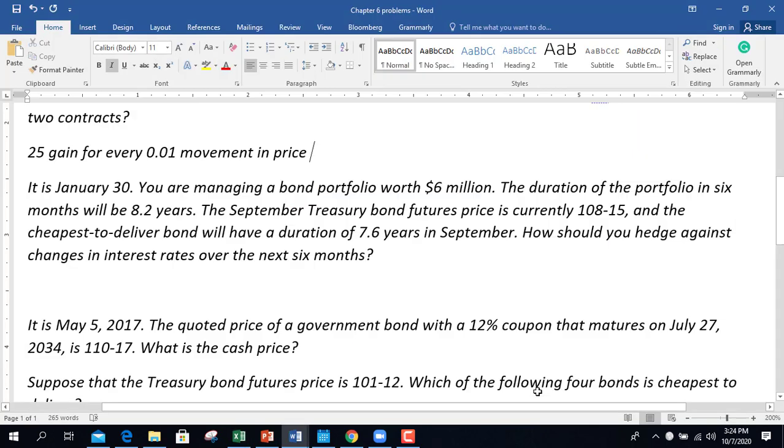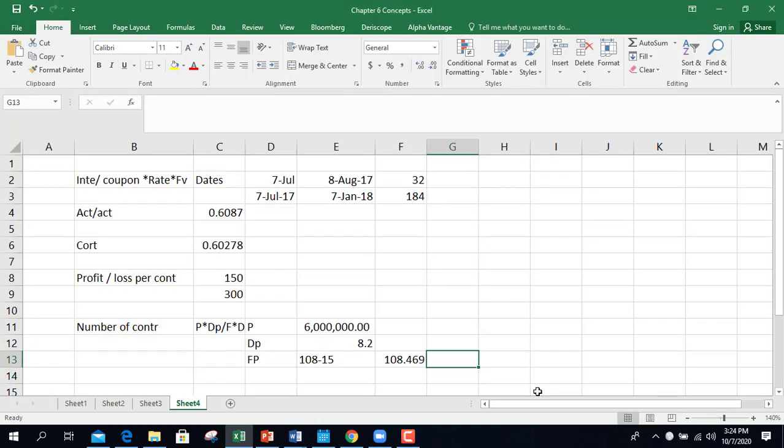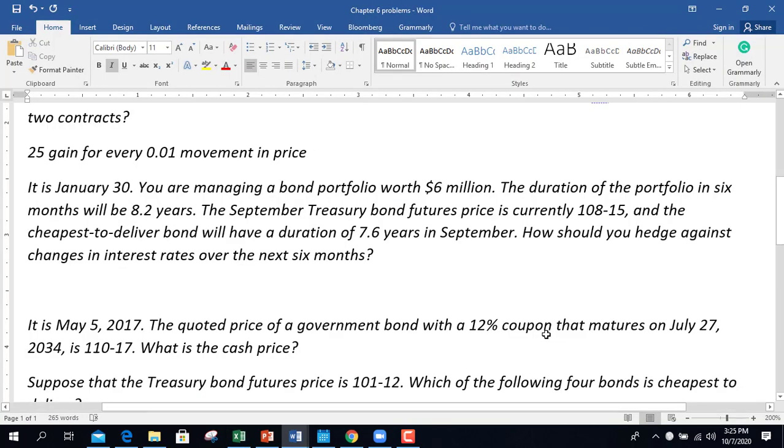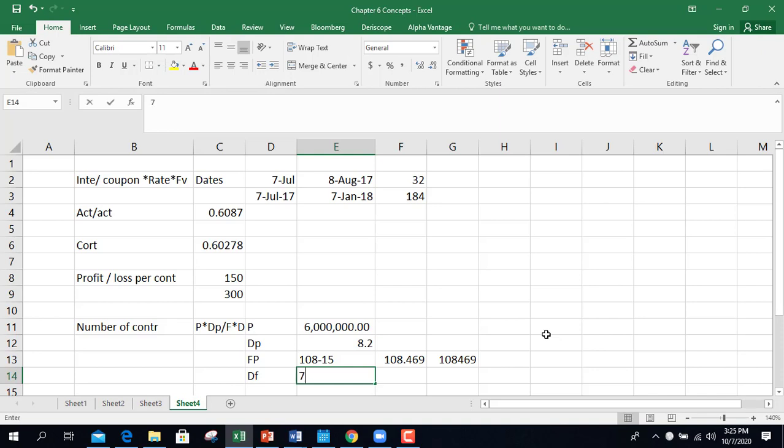And which kind of future is it? It's a treasury bond future. Treasury bond futures generally trade in a contract size of thousands, so this multiplied by 1000 is the future position. Do we know the duration of the future? The duration of the future is given as 7.6.